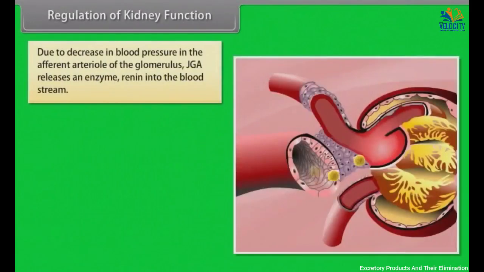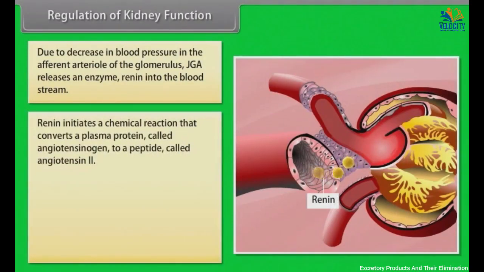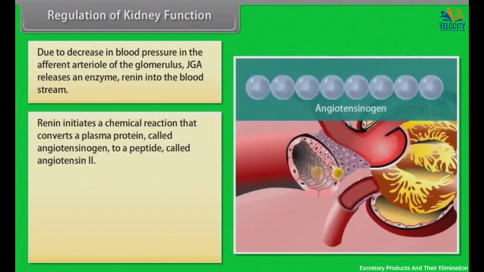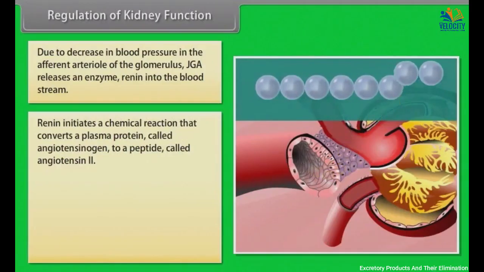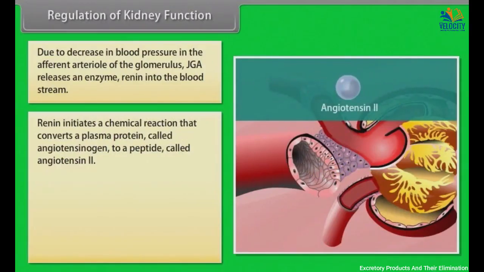Due to the decrease in blood pressure in the efferent arteriole of the glomerulus, the JGA releases an enzyme, renin, into the bloodstream. Renin initiates a chemical reaction that converts a plasma protein called angiotensinogen to a peptide called angiotensin II. Angiotensin II increases blood pressure by constricting arterioles.